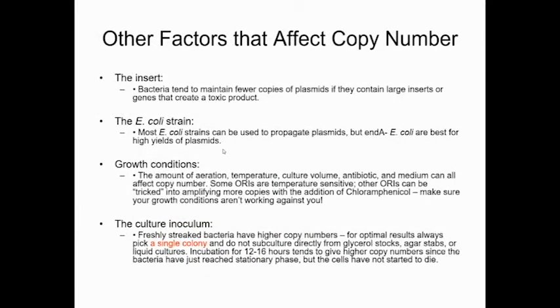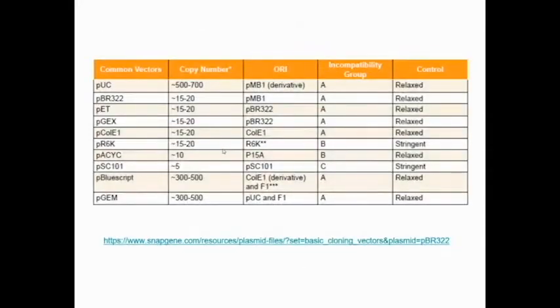And other factors can affect the copy number: the insert and the E. coli strain, the bacteria strain, and the growth condition and the culture inoculant can affect the copy number. The copy number means how many copies are in the cell.